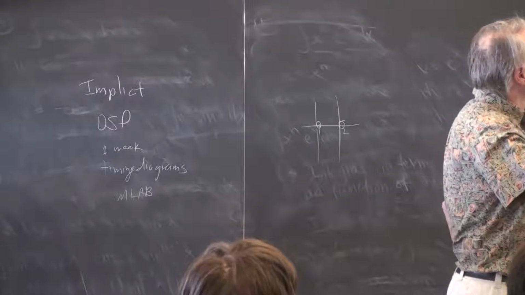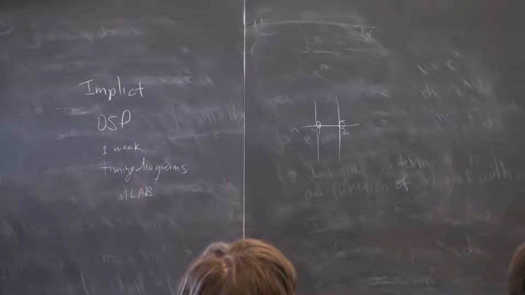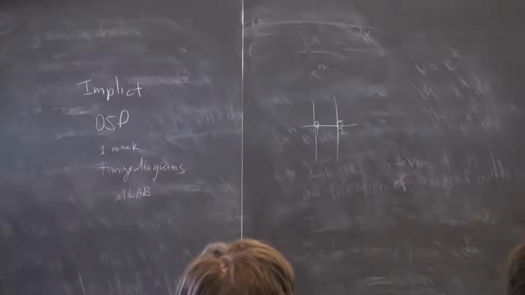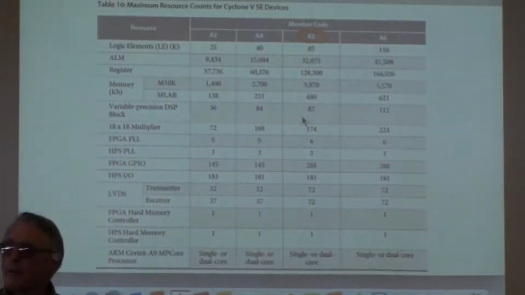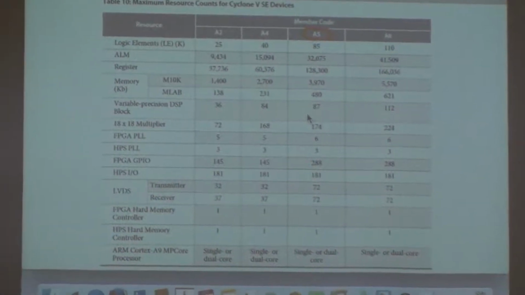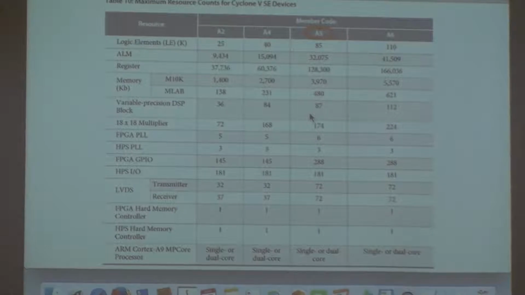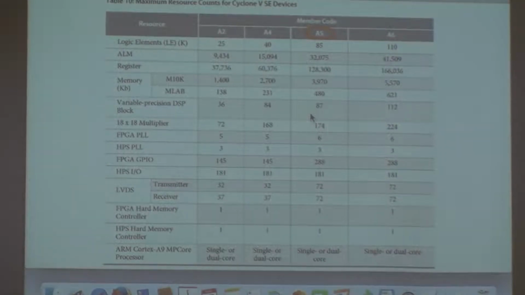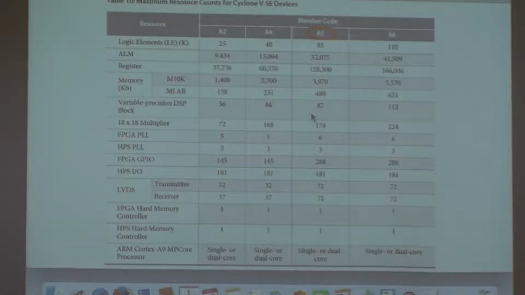There are just under 400 M10K blocks and 480 MLab blocks. There's a question about how you instantiate an MLab block. Probably the easiest way is on the line of Verilog where you declare the register array, which is the memory itself.